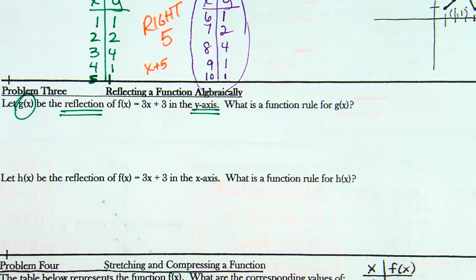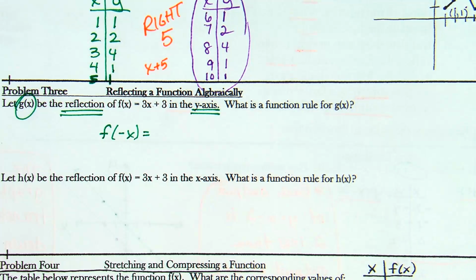Okay, flip back to the front side. What do your notes say about a reflection in the y-axis? A reflection in the y-axis is f of negative x. And what that means, okay, my original function is f of x.